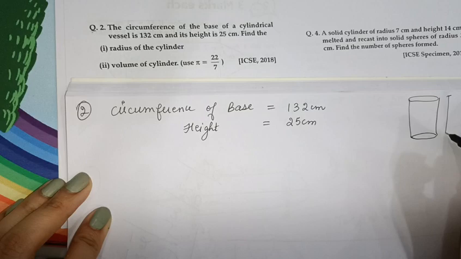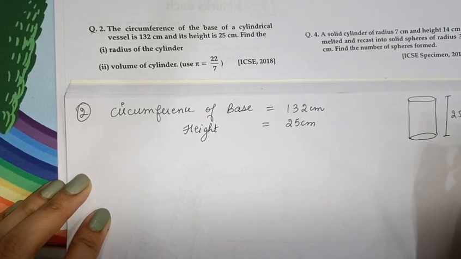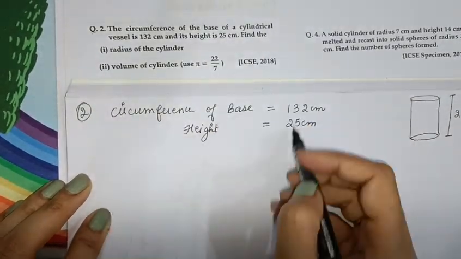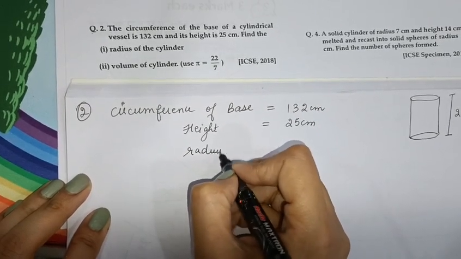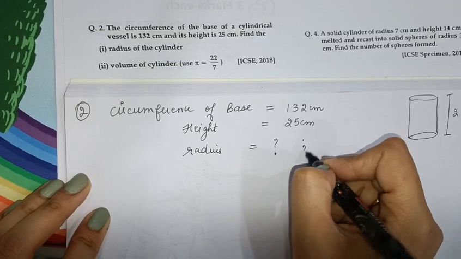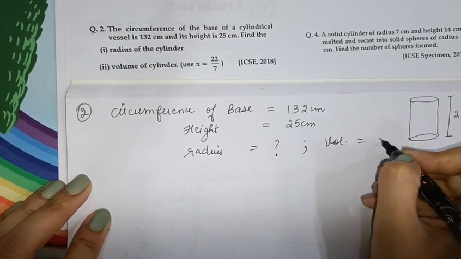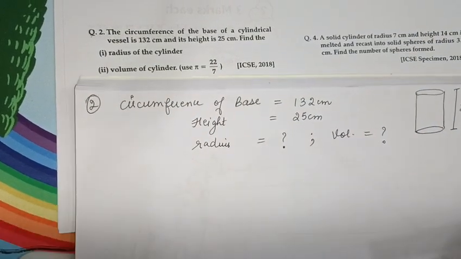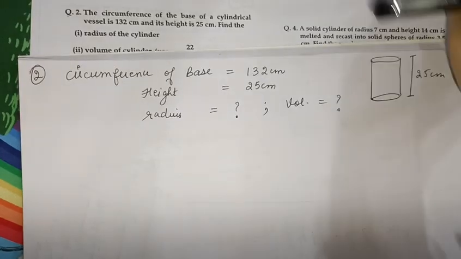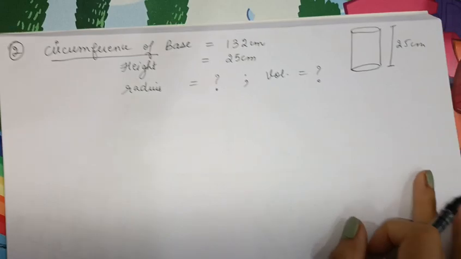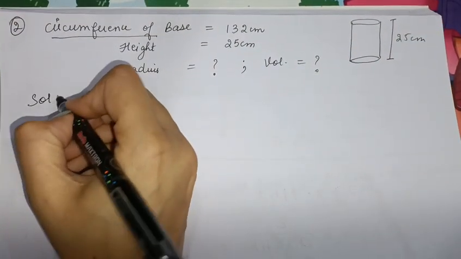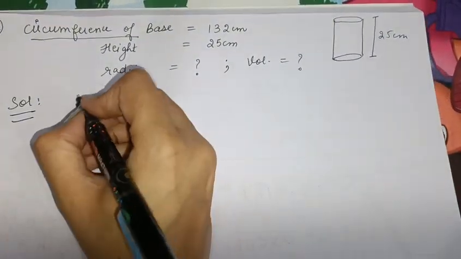So height of the cylinder is given to us, 25 centimeter. So only these two things are given to us. What we have to do? We have to find radius of the cylinder and volume of the cylinder. Like while discussing formulas, I clearly told you whenever circumference is mentioned, that means what is given to us?